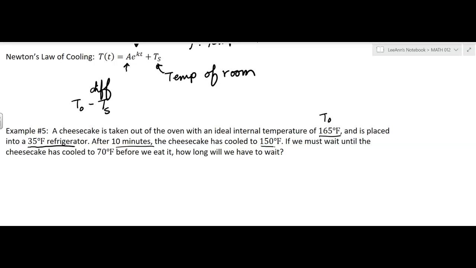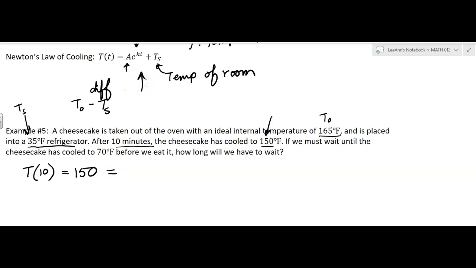Okay, we go with what we know. We don't know K. We know the T naught. We know the TS. We know the temperature of the refrigerator. And then we have this information right there, that the T of 10, so the temperature after 10 minutes, is 150. And then we can use this formula to do that.